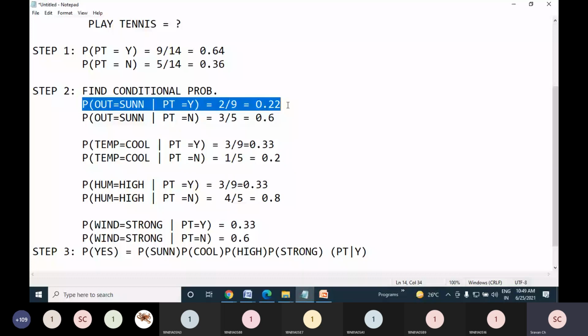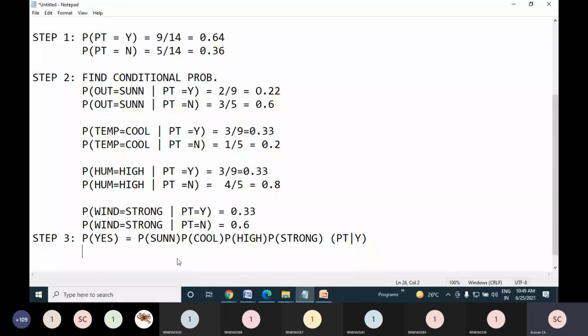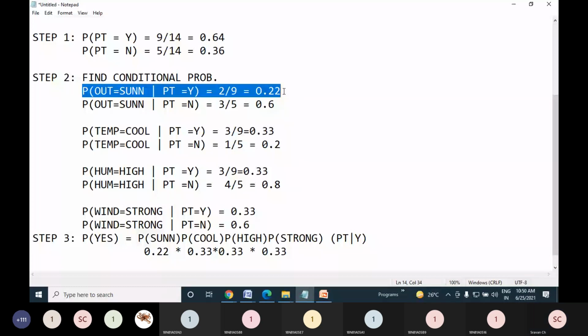So this 0.22 is nothing but my P of sunny and PT equal to Y. So this 0.22, all yes values, whatever I got. For temperature equal to cool, I got 0.33, and next humidity is high, I got 0.33. I think 0.33 occurred 4 times.